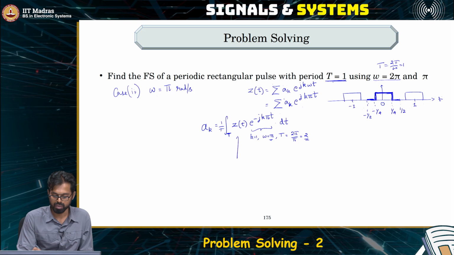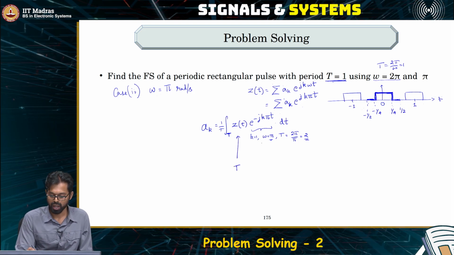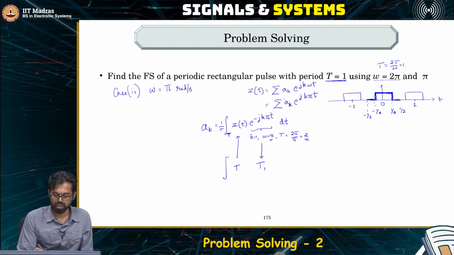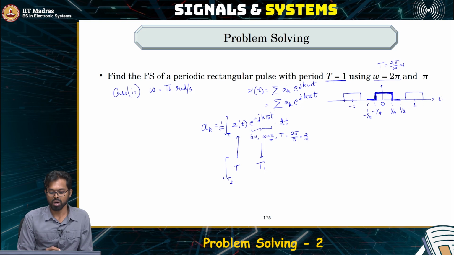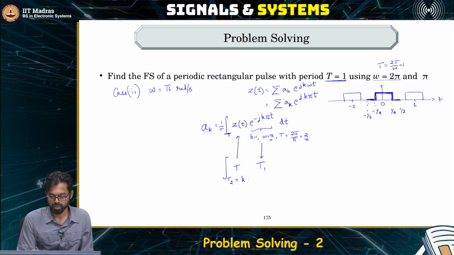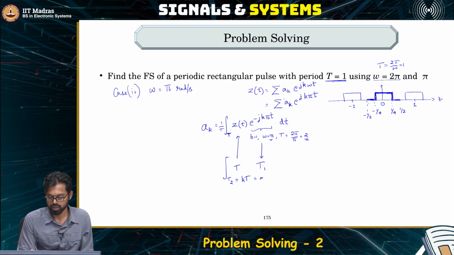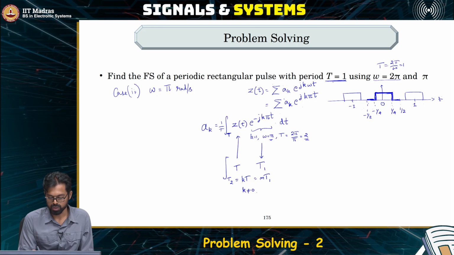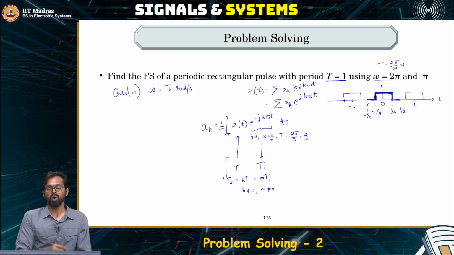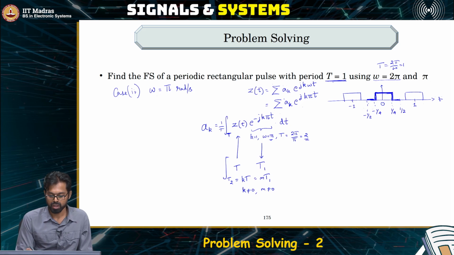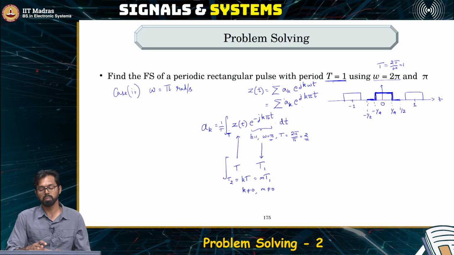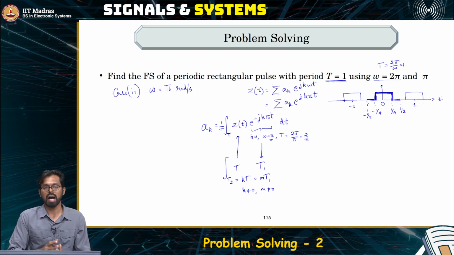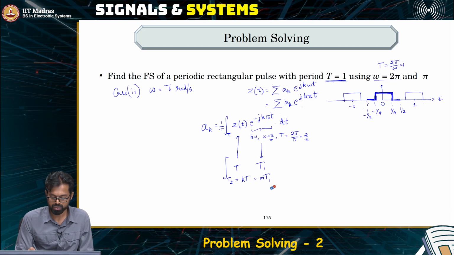So if you have z of t with some period T and the phasor with some period T1, then the integration period, let's say T2, should be some integral multiple of both T and T1, where neither is equal to 0. Only then is this computation correct. So you have to ensure that both of them have completed at least one full cycle.